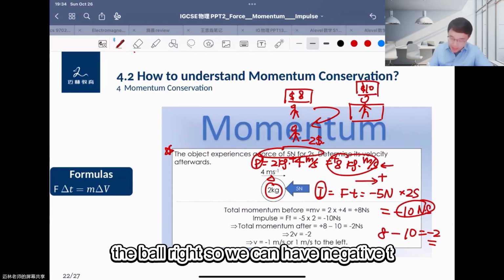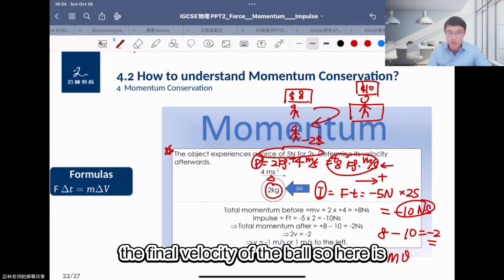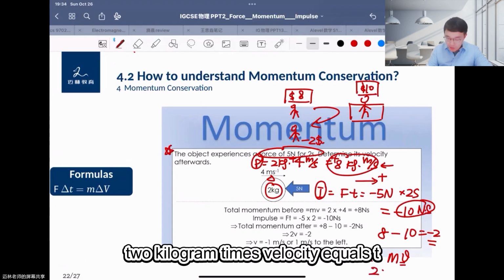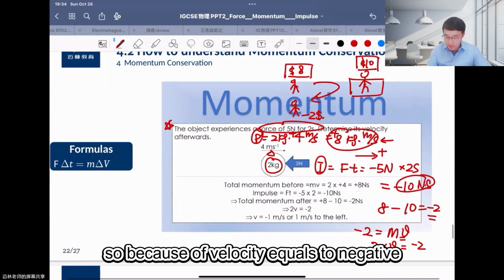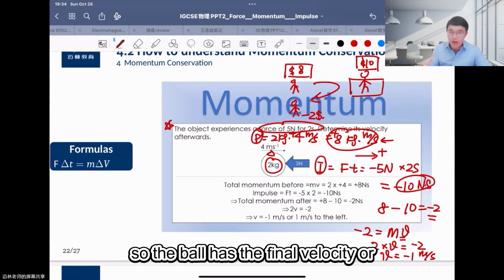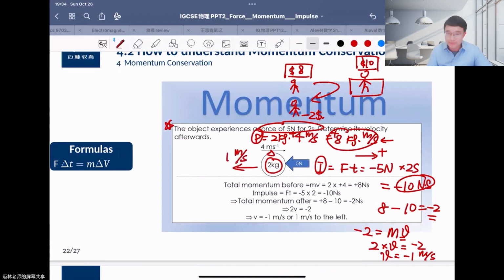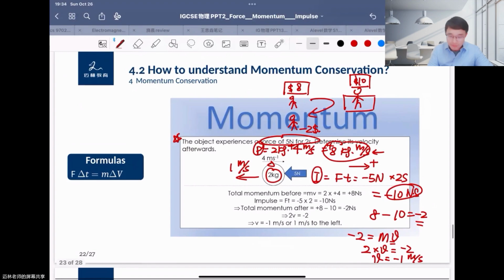So we can have negative 2 equals mass times the final velocity of the ball. So 2 kilogram times velocity equals negative 2, so velocity equals negative 1 meter per second. So the ball has a final velocity to the left equal to 1 meter per second. Okay, so here is the difference.